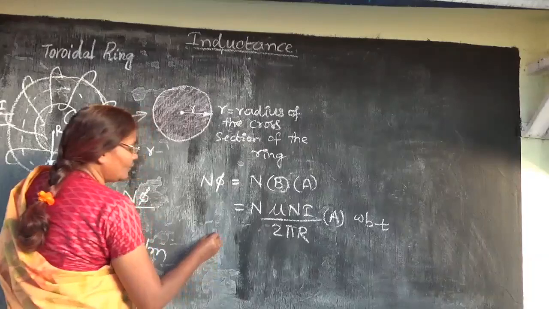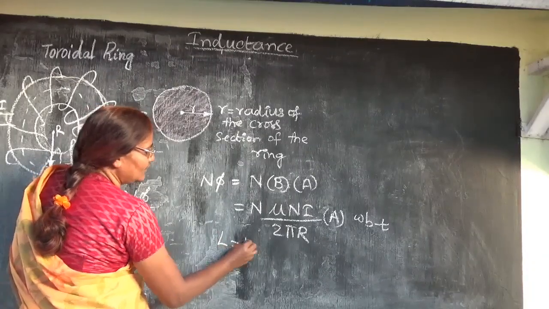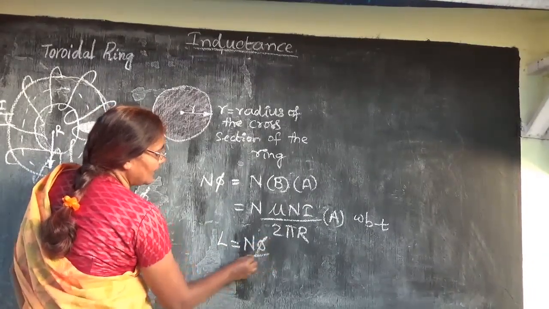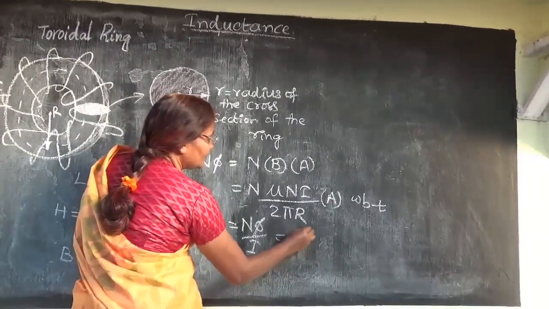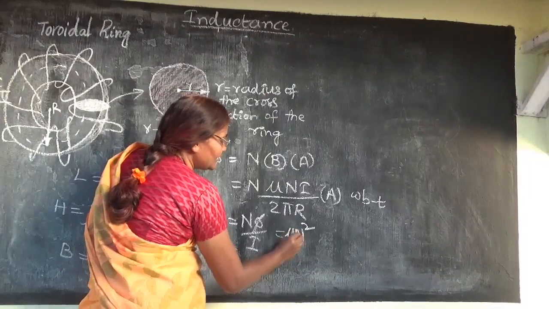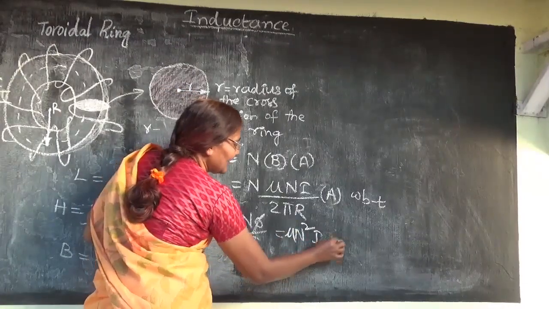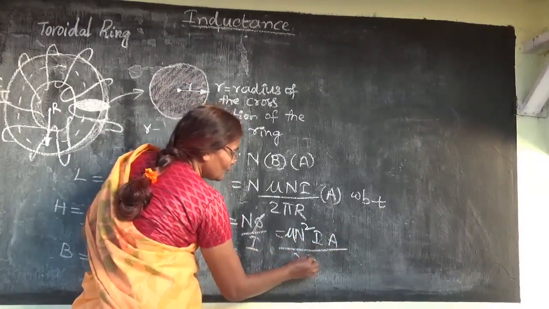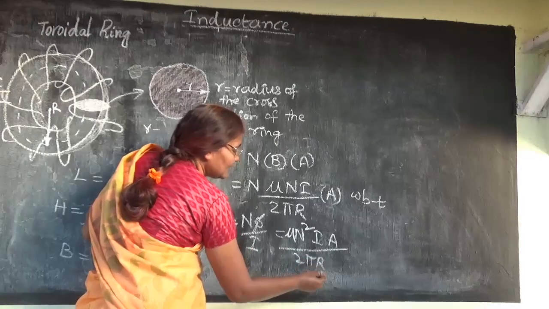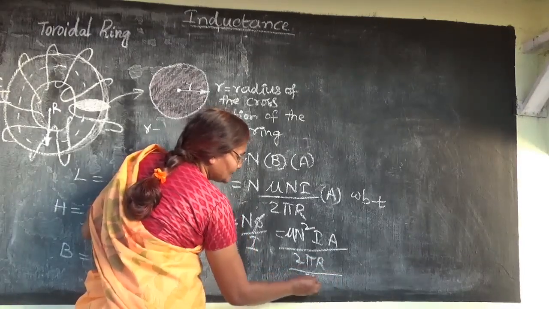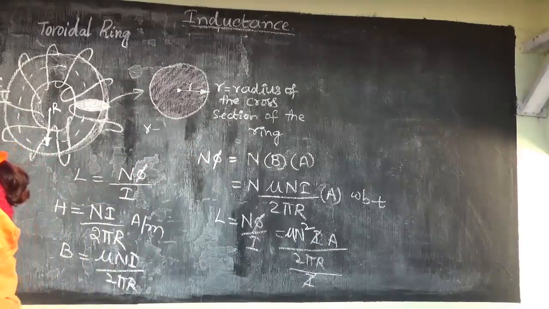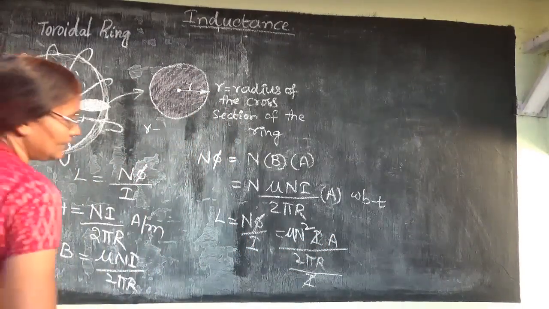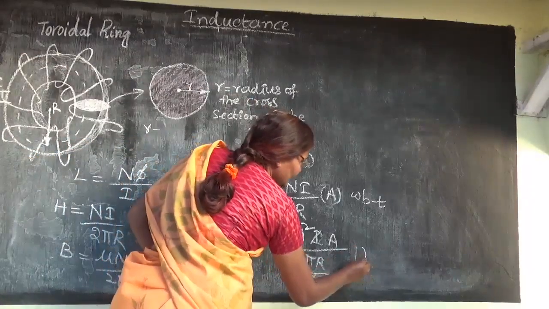And what is my L? My L will be N phi by I, that is equal to mu N square I A by 2 pi r divided by I. Then this I will be cancelled out, and this is nothing but unit Henry.